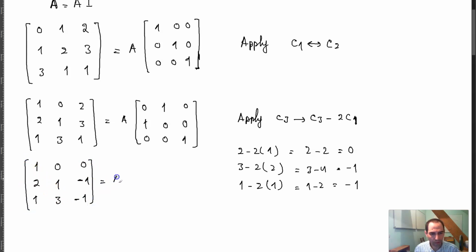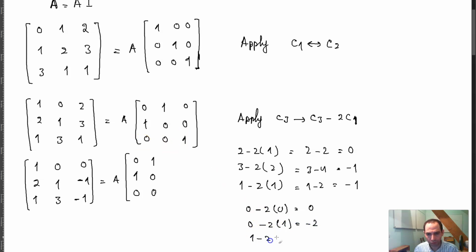And then you have A times, again, column 1 and 2 remain the same, so 0 1 0 1 0 0, and then here you have column 3 becomes column 3 minus 2 times column 1, meaning that 0 minus 2 times 0, which is equal to 0. 0 minus 2 times 1, which is equal to negative 2, and 1 minus 2 times 0, and that is equal to 1.